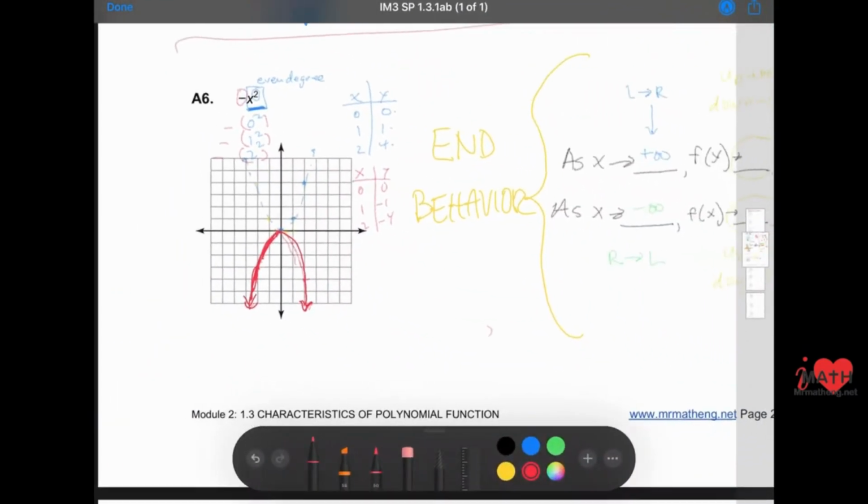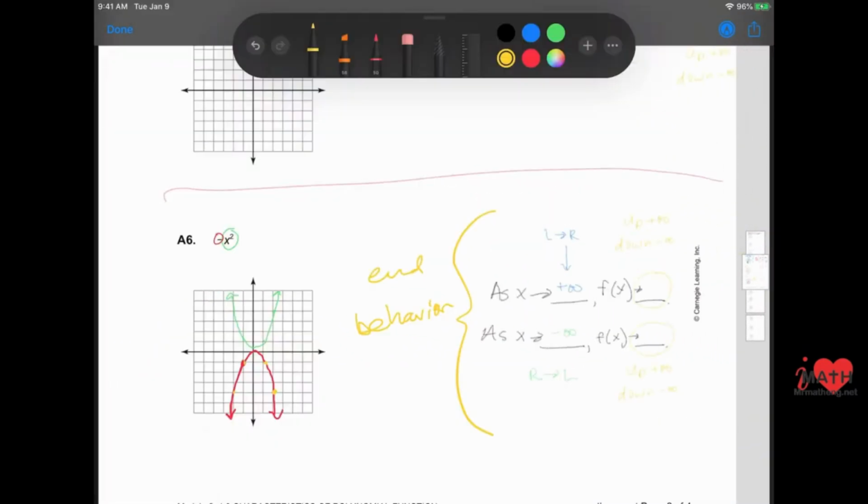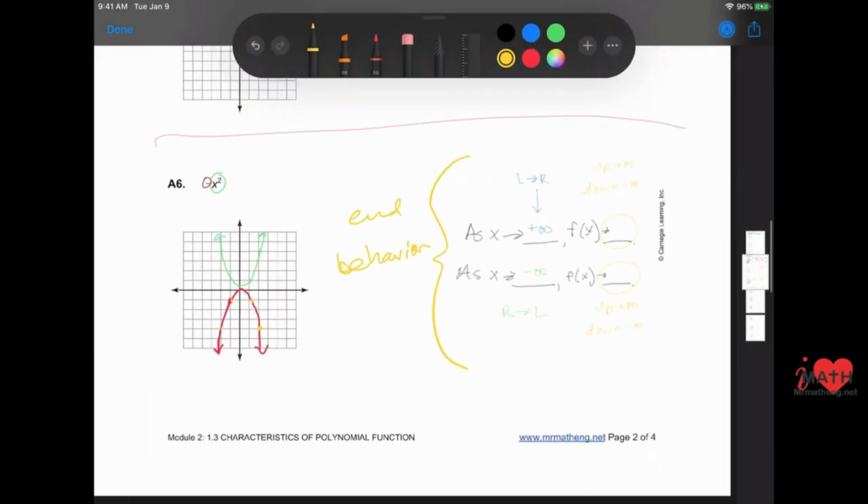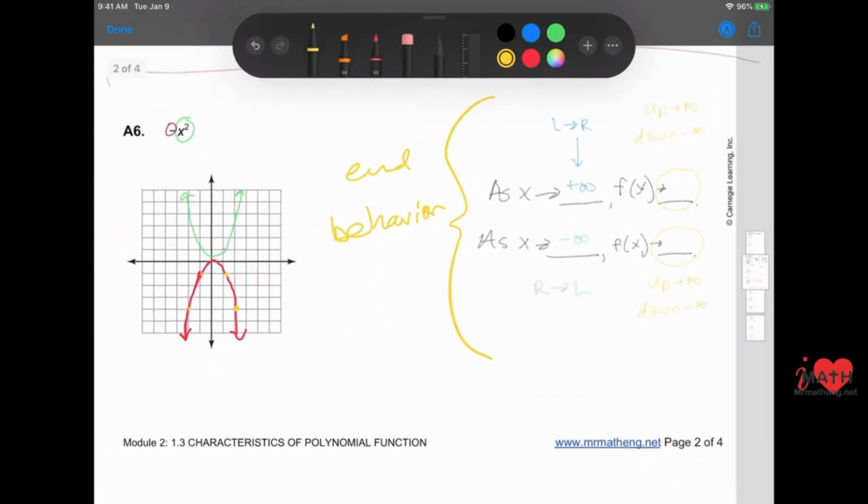Okay, now that I have a graph, let's go ahead. I apologize that got erased, but now I'm just going to look at the end behavior. Again, for end behavior, all you have to do is look at these arrows. On the x-axis, these are negative numbers, and in this direction they are positive numbers, or positive infinity.